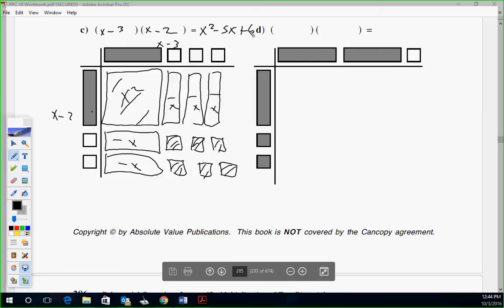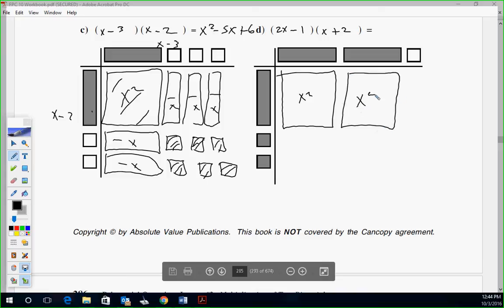All right, and last but not least, this one here, we have another x: 2x minus 1 and x plus 2. So we are going to go x squared, negative x. This is where it gets a little bit weird because we have a negative x, but then we also have positive x's here.